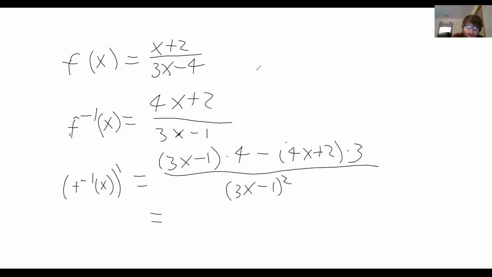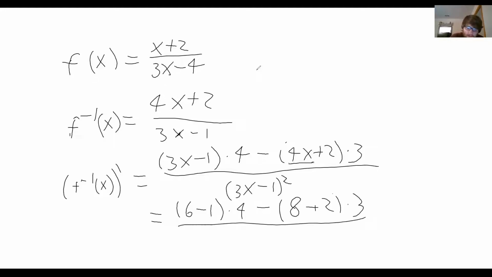We're going to get, plugging in here, 3 times 2 is 6, minus 1, times 4, minus 4 times 2 is 8, plus 2, times 3, over 3 times 2 is 6, minus 1, squared.